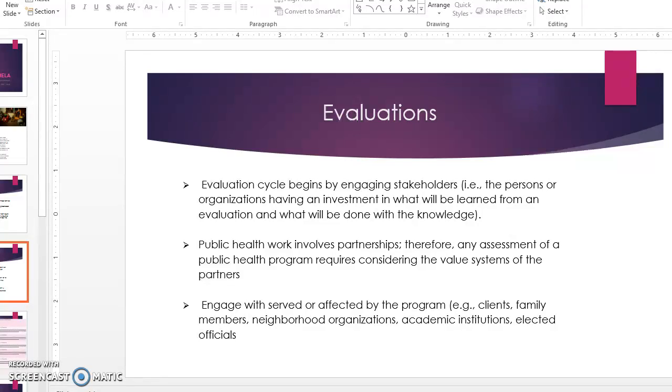Another resource would be public health workers in partnership with the people within programs that would add value to those that are in need, and also to engage academic institutions and neighborhood organizations in order to help the people that need it the most.